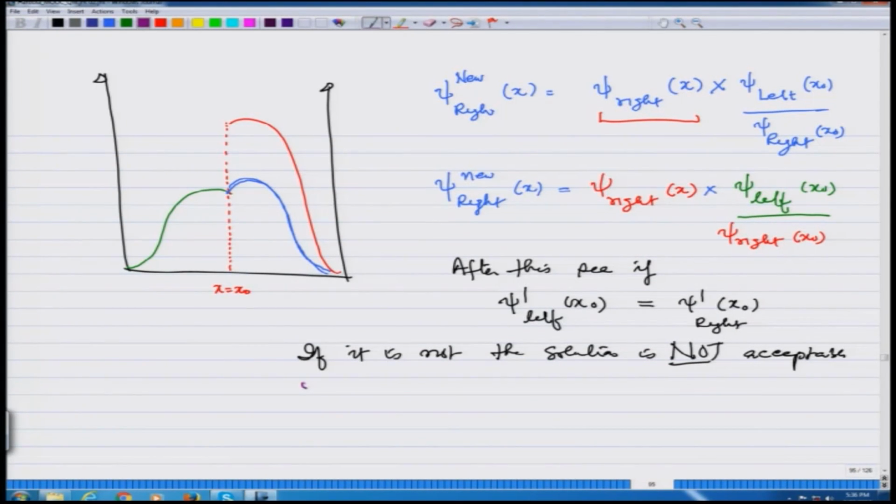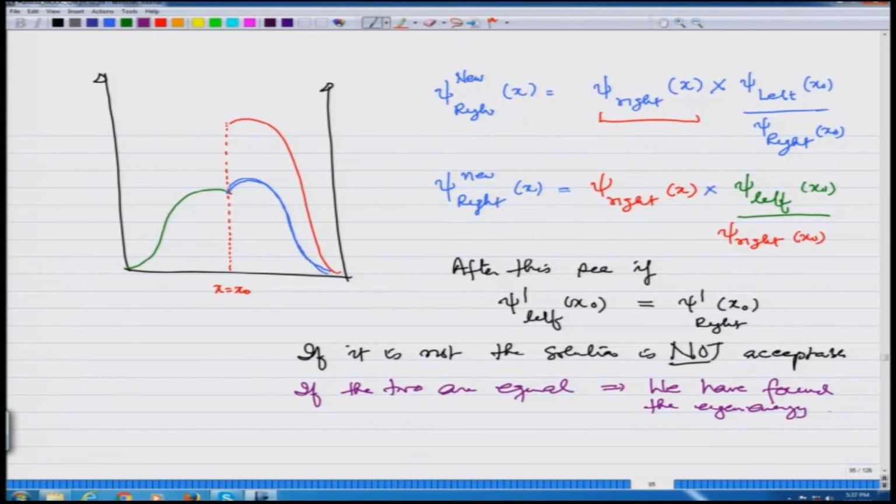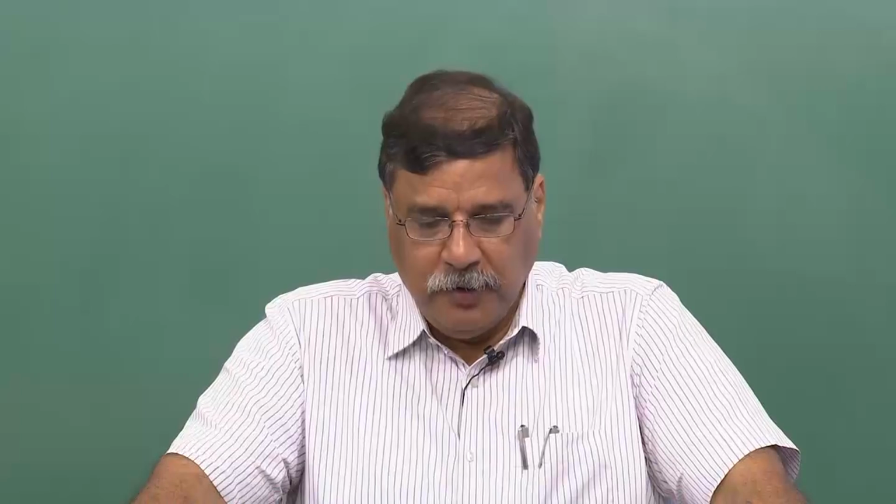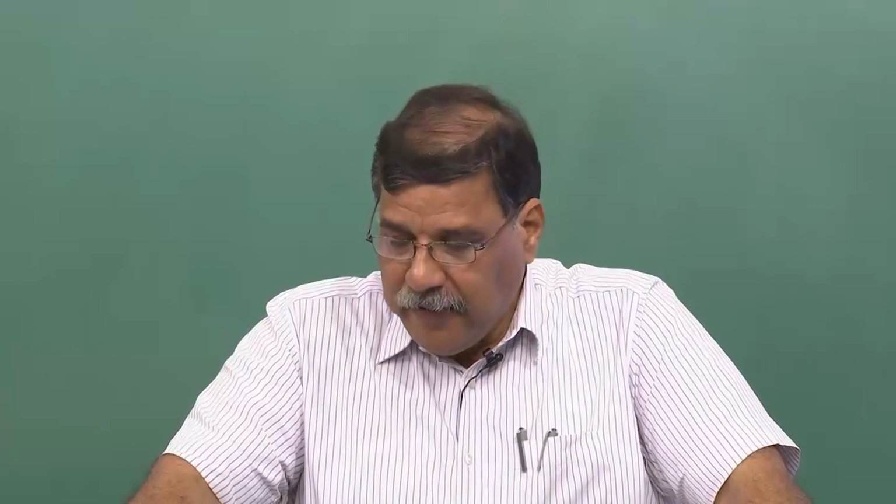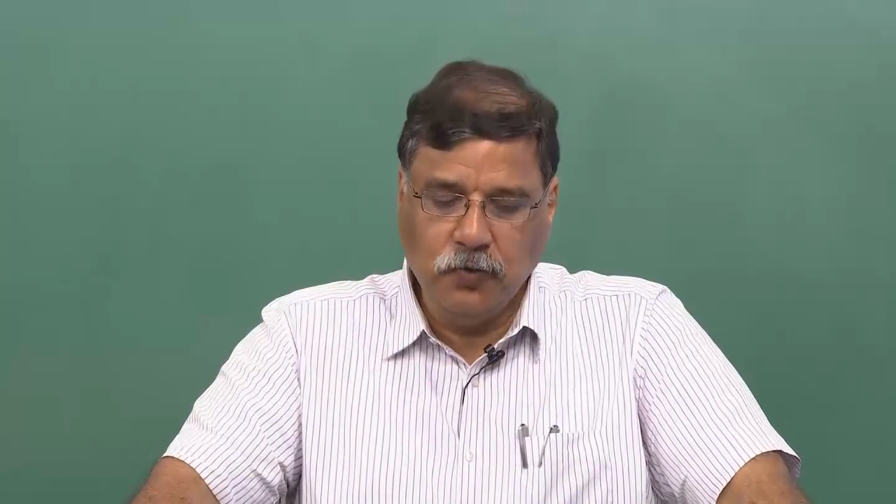On the other hand, if the two are equal, then we have found the eigenenergy E. So, for some energy they are equal, and that is the eigenenergy. They will not be equal for all energies after all this rescaling has been done. So, this is the way to find eigenvalue and the eigenfunction in two different ways.